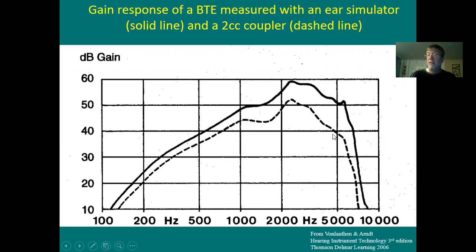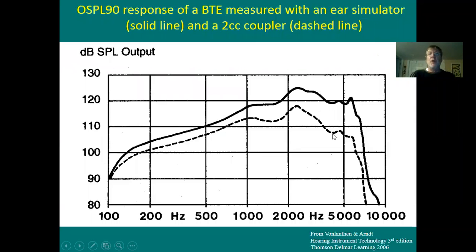Cool, huh? This is the OSPL response of a BTE measured in an ear simulator again. And once again, you see the same RECD, about 5 dB below 1,000 hertz and about 10 dB above 1,000 hertz. The coupler is larger, and so the SPL is less. Make the size of the closed air volume smaller, the SPL goes up.